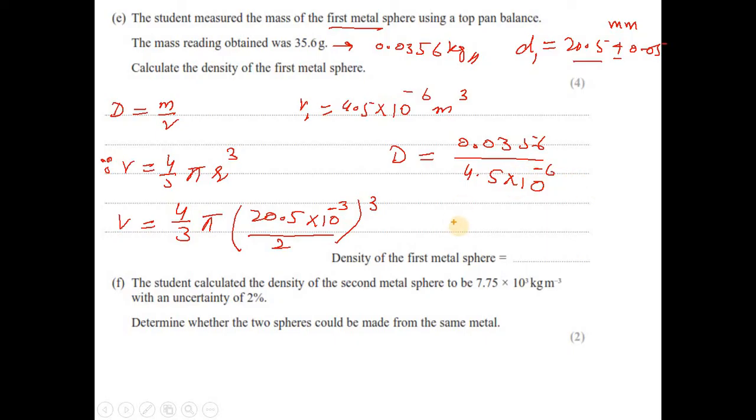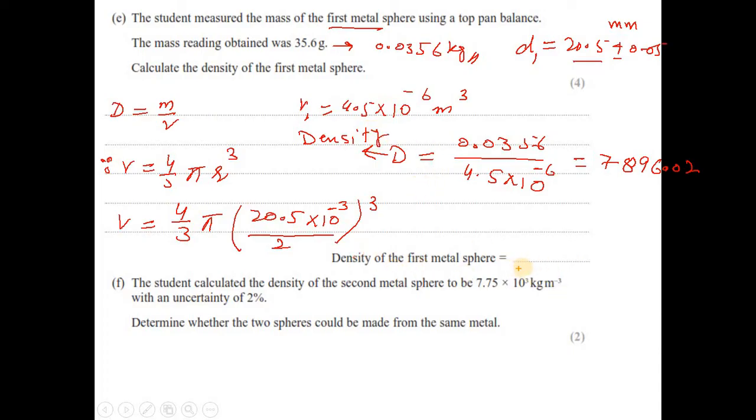And finally, your diameter will be 7896.05. Sorry, it's not a diameter. I'm saying diameter again. This is density. I'm sorry about that. This is the density that we are finding.